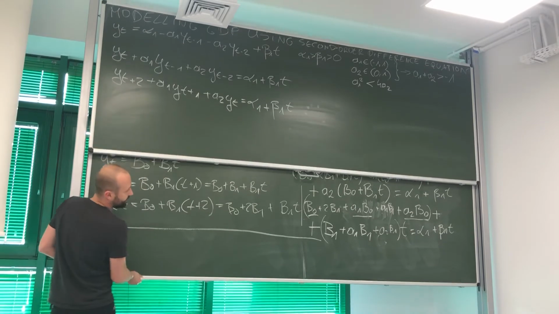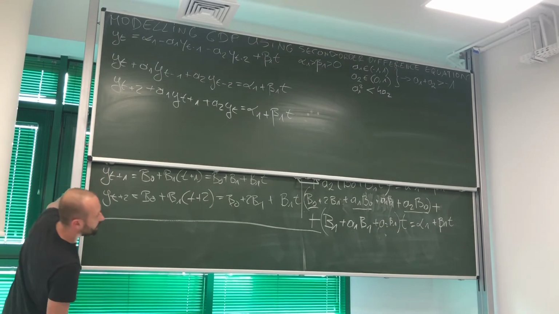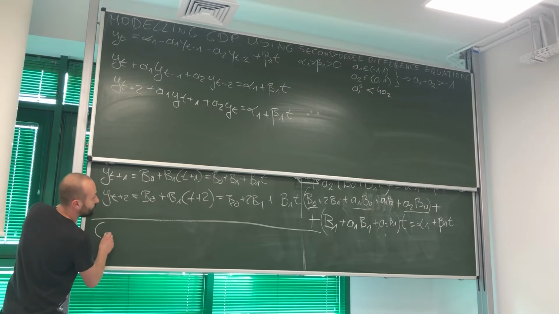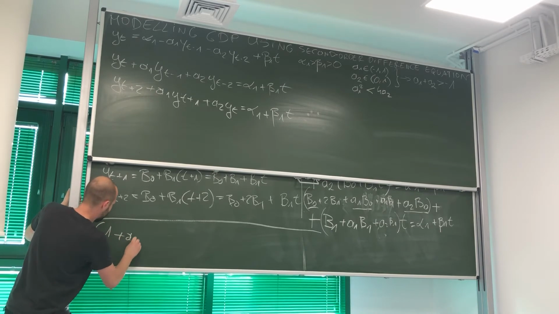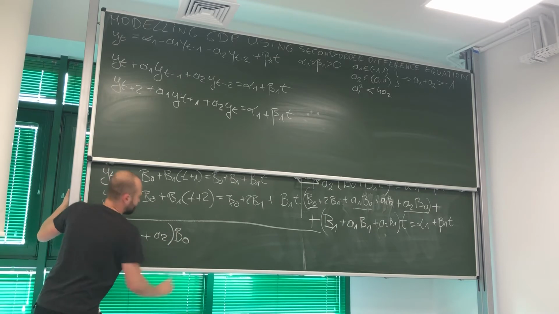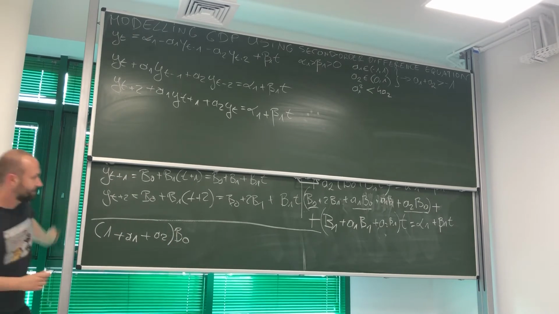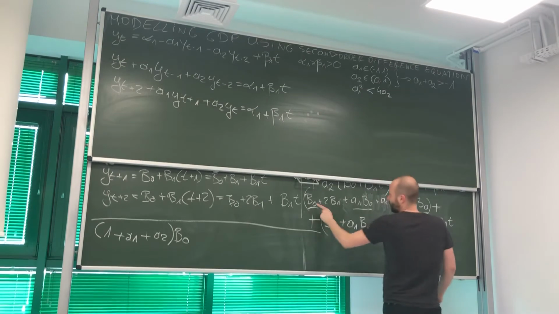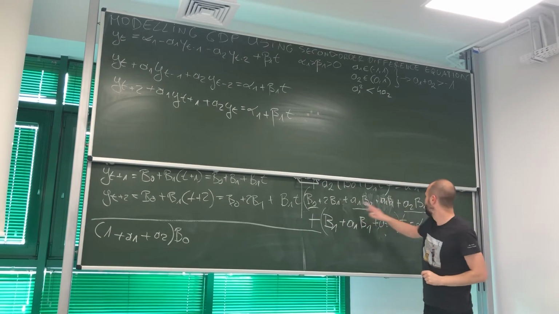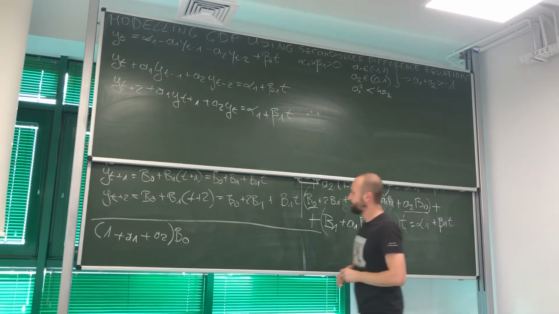I can simply write that as we've got 1 plus a1 plus a2 b0, right? 1, 2, 3. And then we've got 2b1 plus a1 b1.